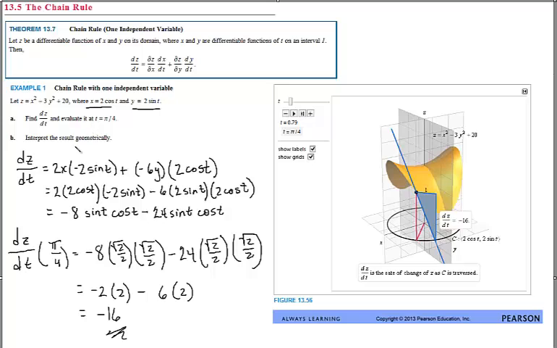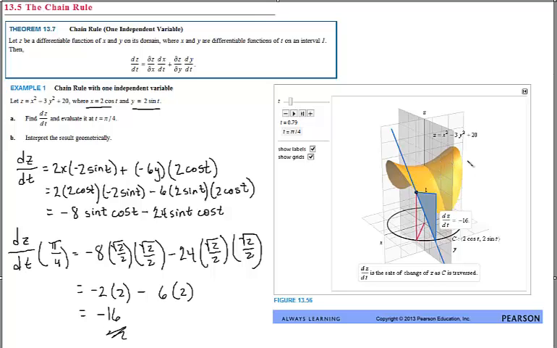Next they want me to interpret the result geometrically, so let's look at the x and y. That would be a circle of radius 2. Z would be my elevation, so if I'm looking at this saddle here, I would only be able to walk in this circle of radius 2, but I could do this with this elevation change, x squared minus 3y squared plus 20, and that's what that represents.